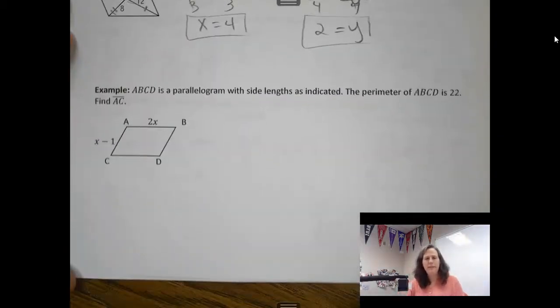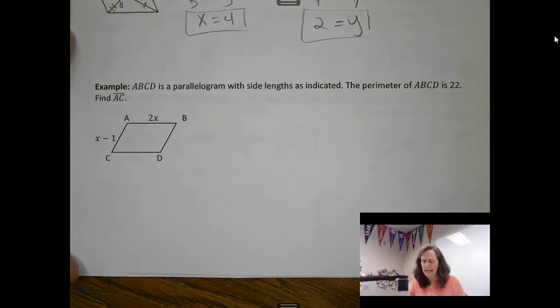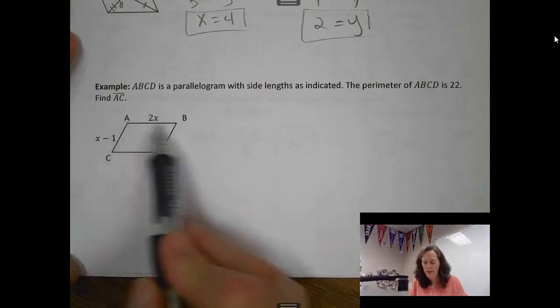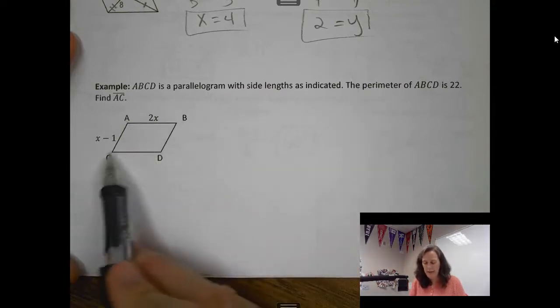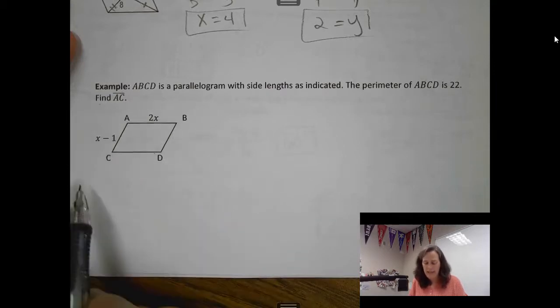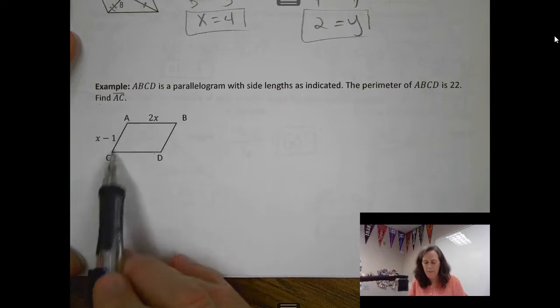Okay, last piece. This says ABCD is a parallelogram with side lengths as indicated. Ooh, the perimeter is 22. So all around the outside, if we add that all together, it's 22. And then it says find AC, just this one piece.